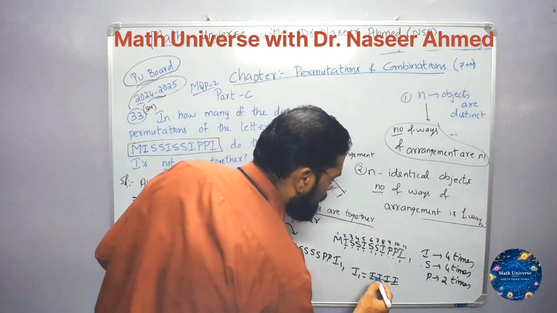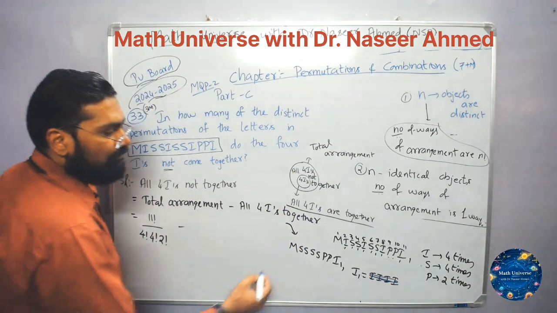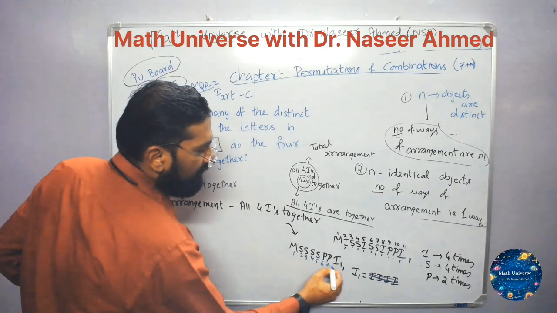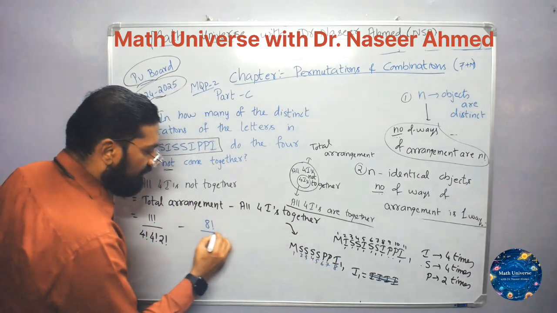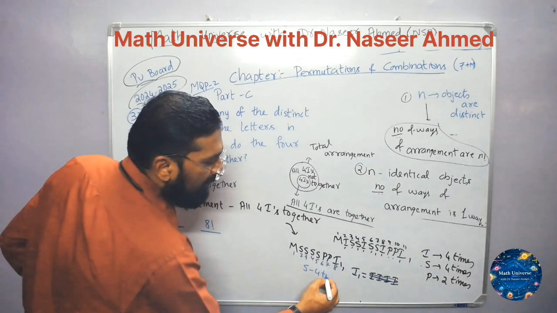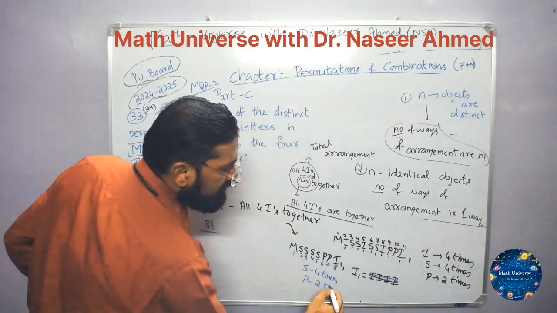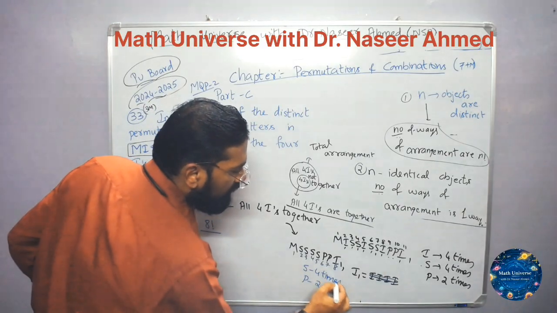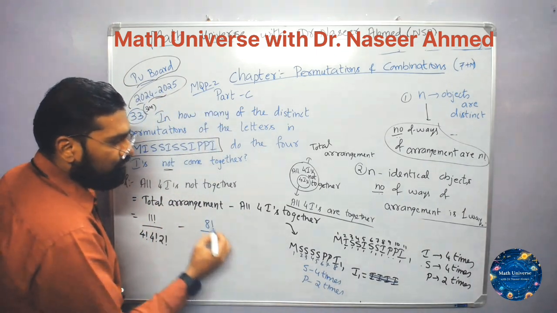They are together. Now count how many there are: 1, 2, 3, 4, 5, 6, 7, 8. So 8 factorial divided by, S is there 4 times, P is there 2 times. So the answer will be 8 factorial over 4 factorial into 2 factorial.